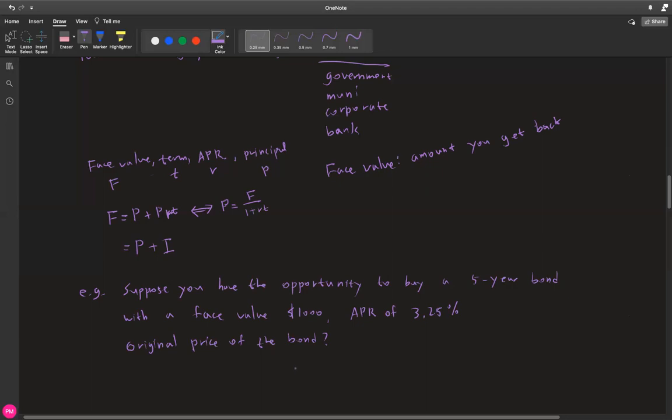You get back $1,000 in 5 years, and the APR is 3.25%. So knowing that fact, how do you find the original price of the bond? So how can you find how much you actually lent to the agency?